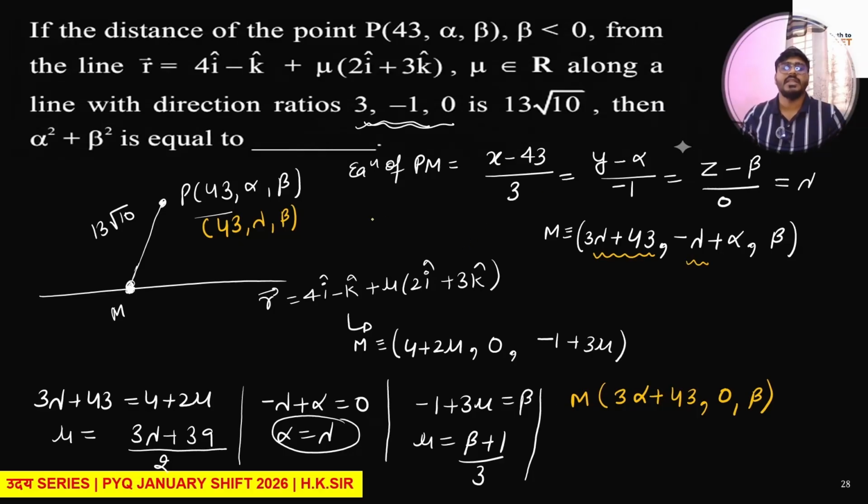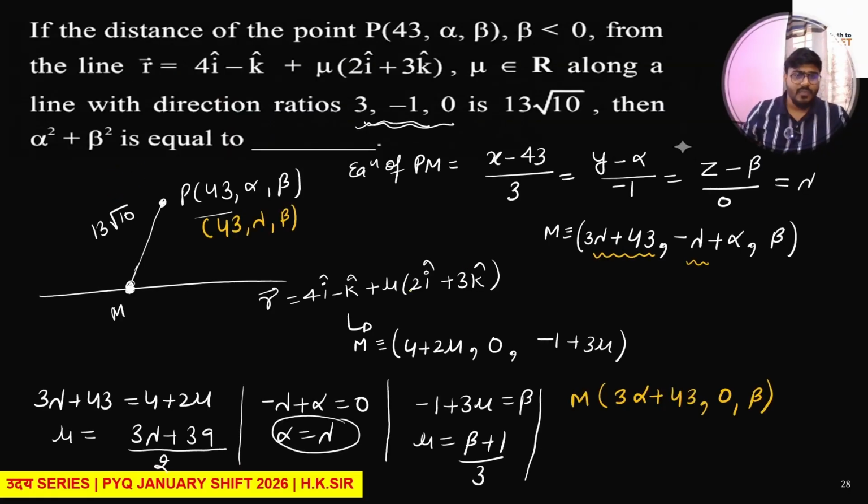Now they are saying that the distance between P and M is 13 root 10. So how to find the distance PM? PM equal to 13 root 10, so PM square is 1690. So how to find PM square?